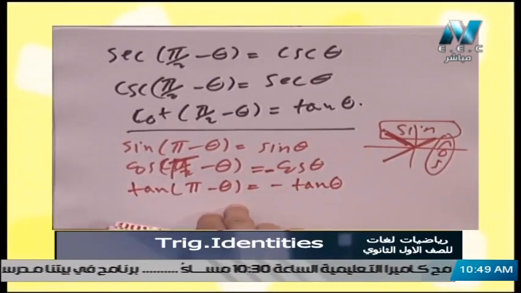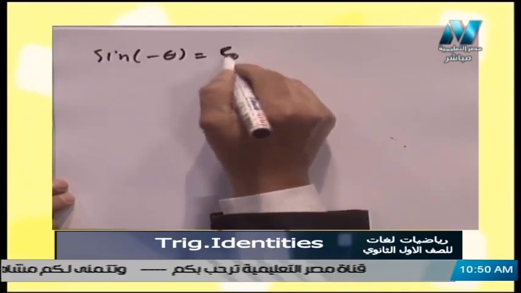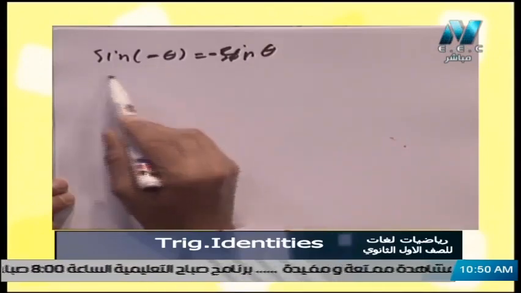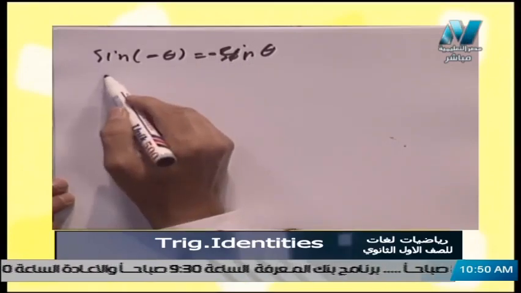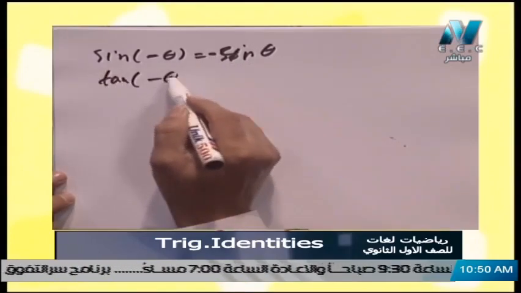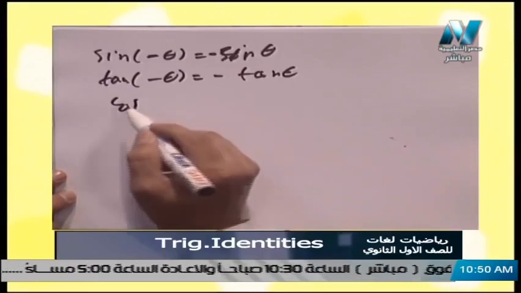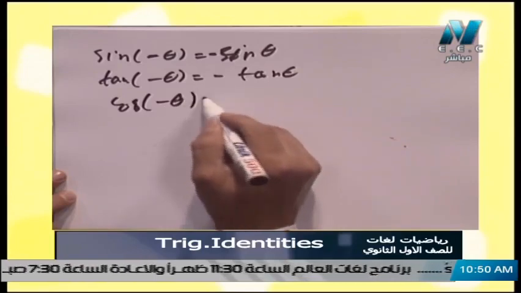Let's move to some other identities that we studied here. We know that sine negative theta, as we said before, equals negative sine theta. If we have sine of a negative angle, it will be negative sine of the angle. And tan negative theta equals negative tan theta, but cosine only, which has a negative here, will be positive.